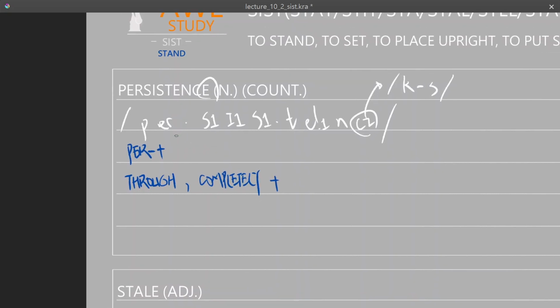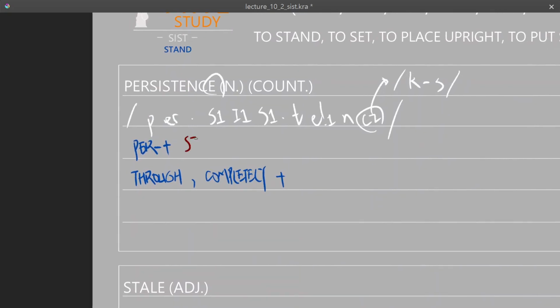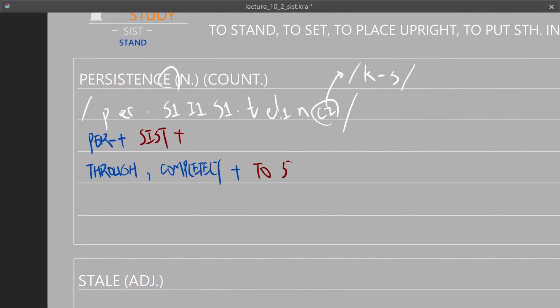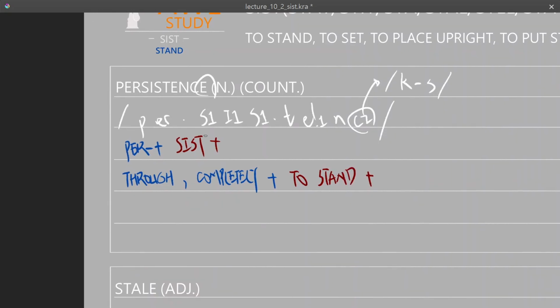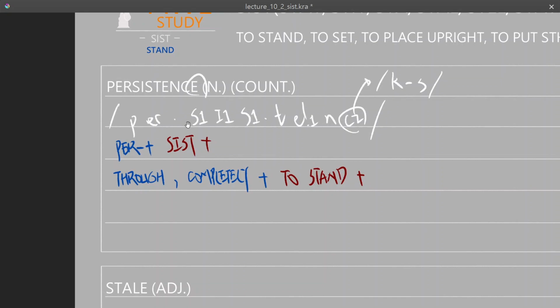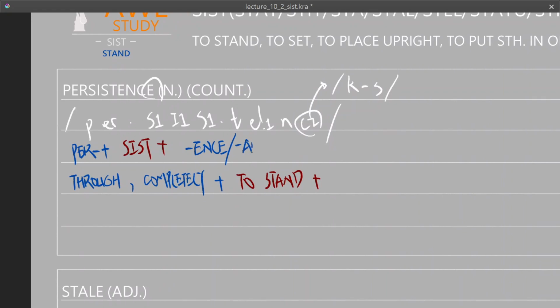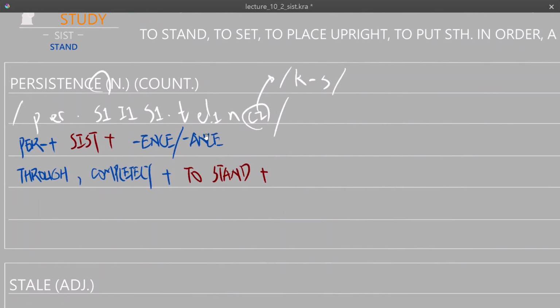And we have the root SIST, meaning to stand. And we have now the suffix ence, where we have the variant ance, meaning condition.